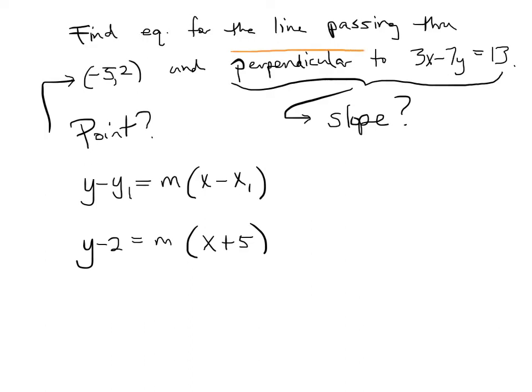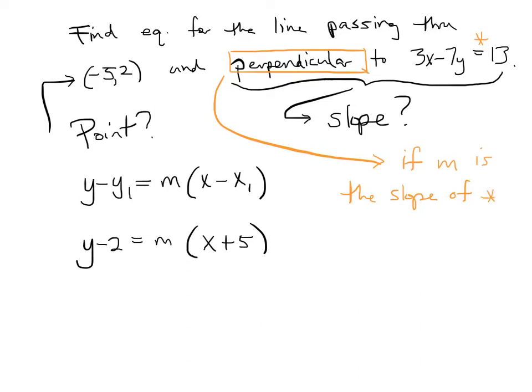Perpendicular slopes are negative reciprocals of the slope that you find. So if m is the slope of, let's call this star, if m is the slope of star, we need negative 1 over m.